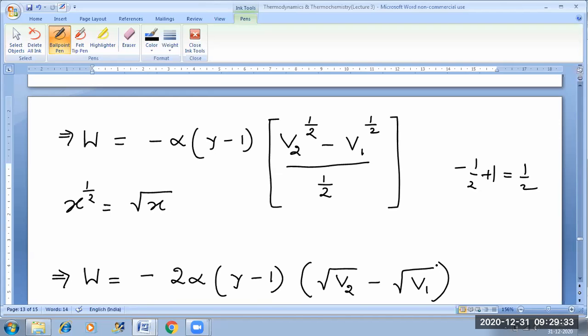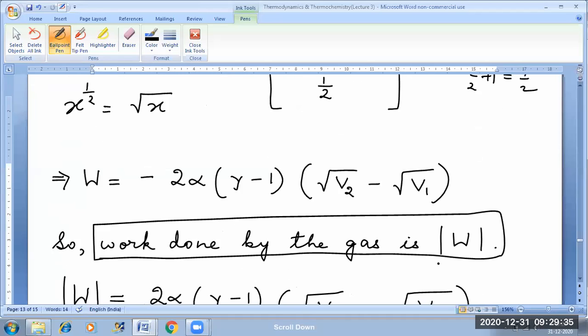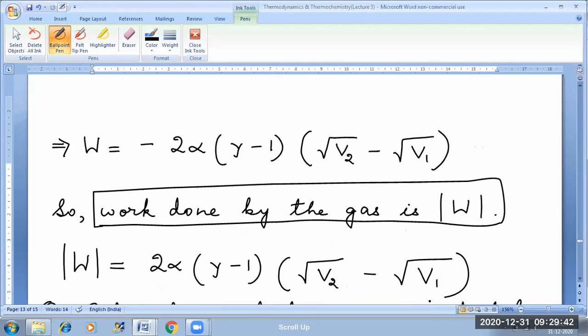Since they have specified the words by the gas, I'll take a modulus. Work done by the gas is always the modulus of work done. And the final answer is this. If I take modulus, this minus will go.